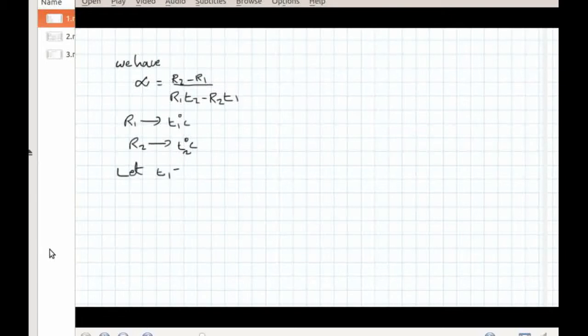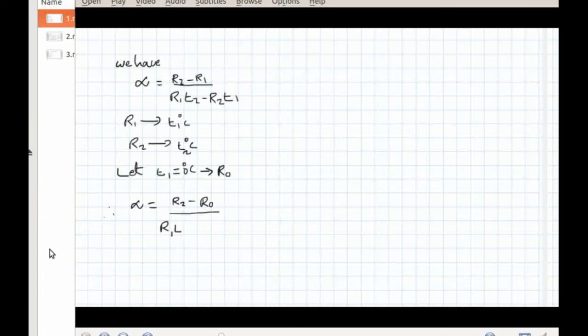Now let T1 be 0 degree Celsius, and when temperature is 0, the corresponding resistance is say R0. Therefore we can rewrite this equation as alpha is equal to R2 minus R0, because in place of R1 we can write R0, since R1 is the resistance at 0 degree Celsius.